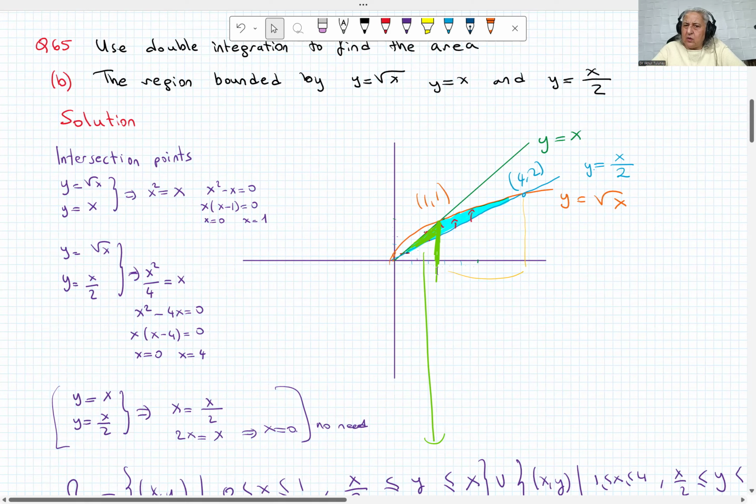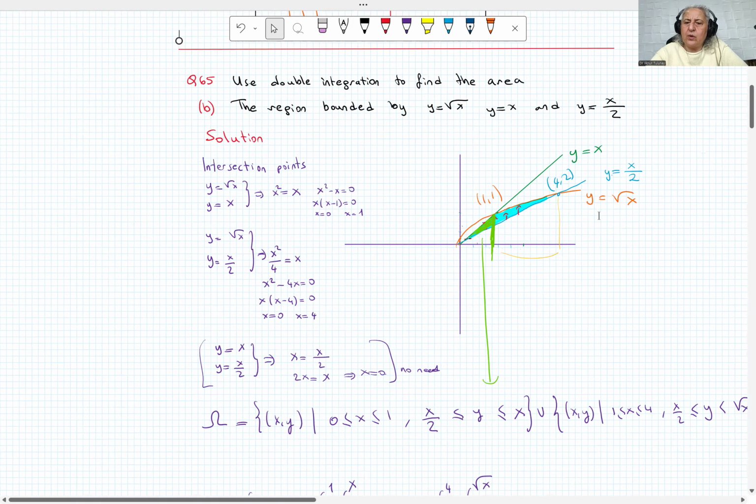After this point, x is equal to 1, y is equal to 1, after this line, x is equal to 1 line, the feature of the boundary of the curve is changing. The lower boundary becomes y equals x over 2, and the upper boundary becomes y equals root x.